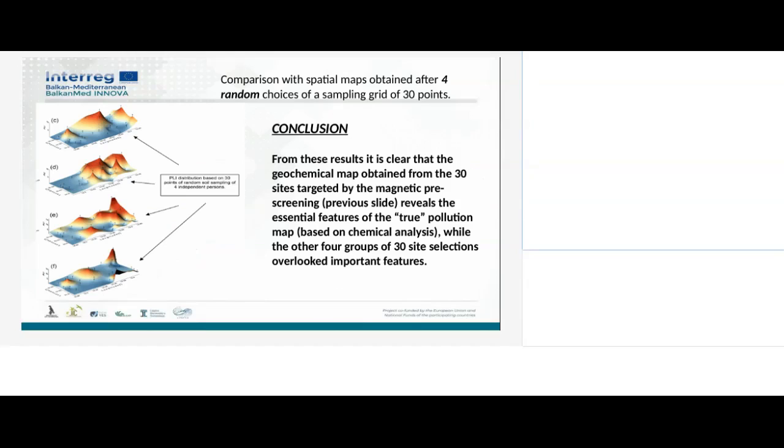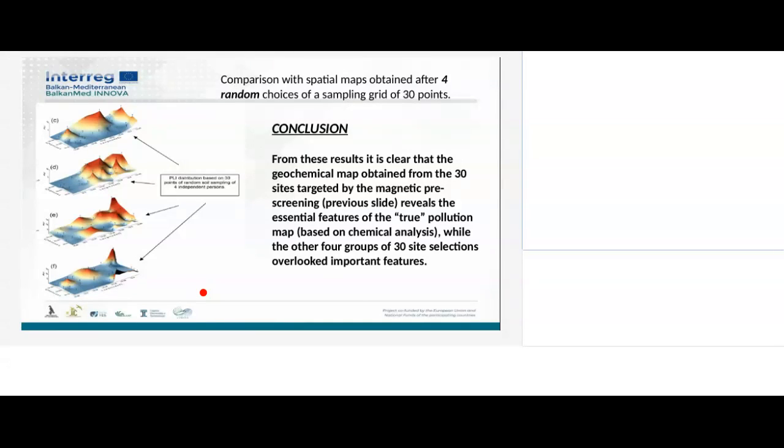Here we compare the obtained map of the true pollution with other maps which are constructed by data obtained after random sampling locations within the study area. Each of them picks only part of the true picture, which results in some parts of the area having incorrect estimates of soil pollution, and some of them even cannot pick the major maxima which should be detected in the study area.